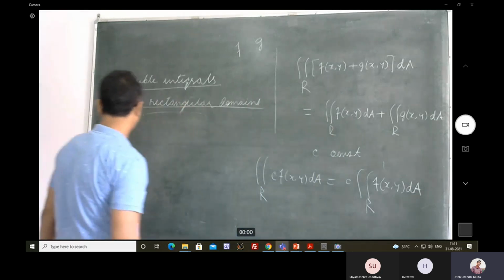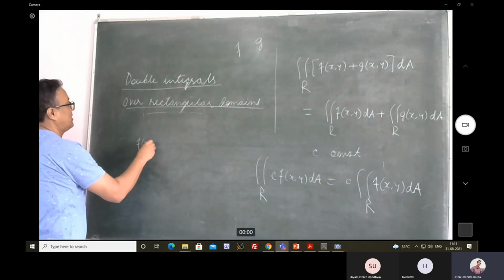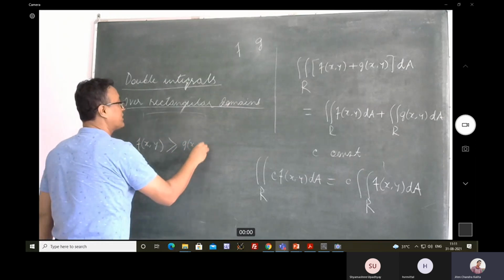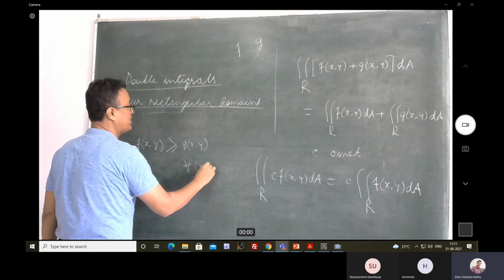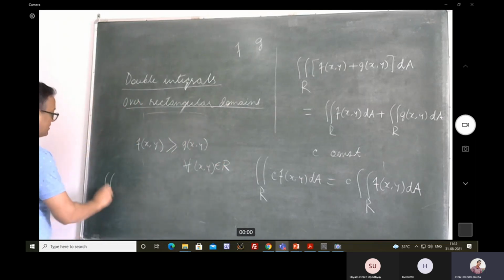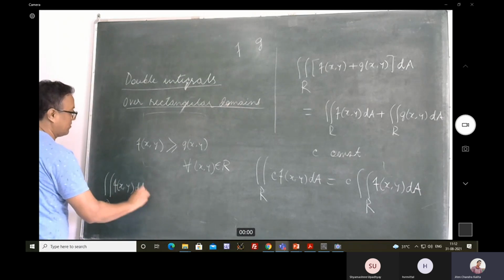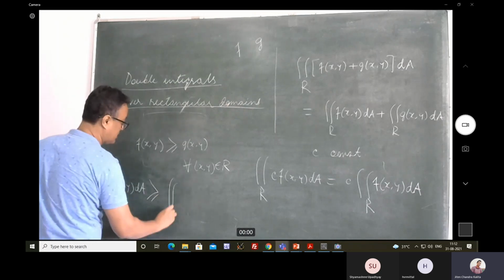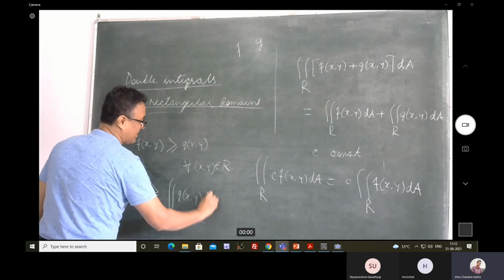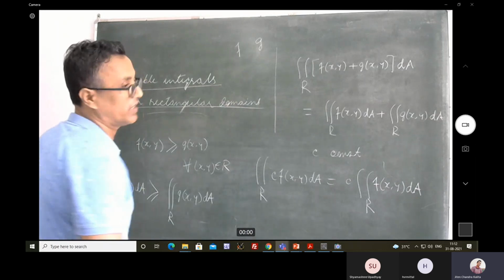And again, if the functions f and g are such that f(x,y) is greater than or equal to g(x,y) for all (x,y) belonging to that rectangle R, then the double integral of f over R is going to be greater than or equal to that of g. I think you have already appreciated this from your knowledge of single variable calculus.